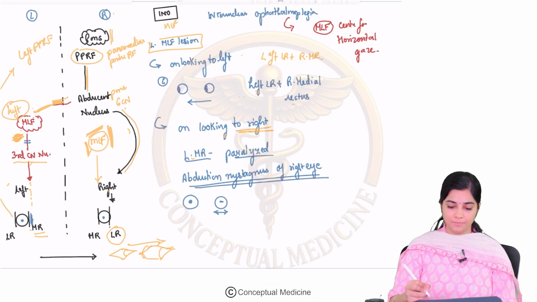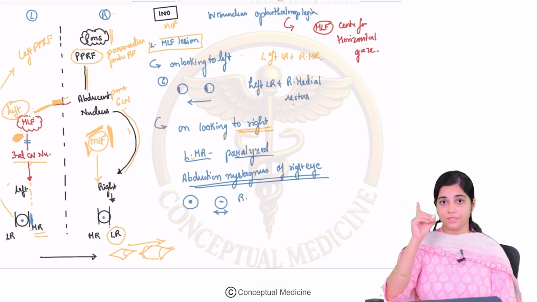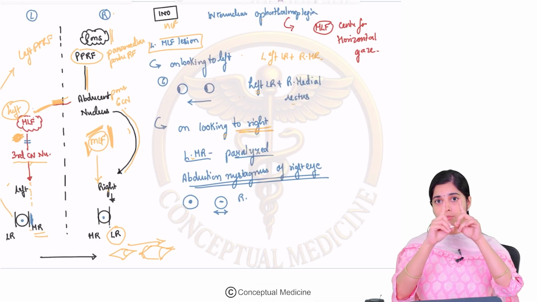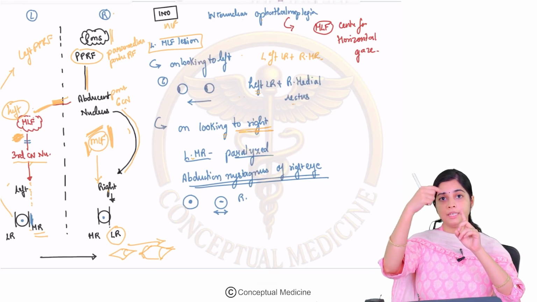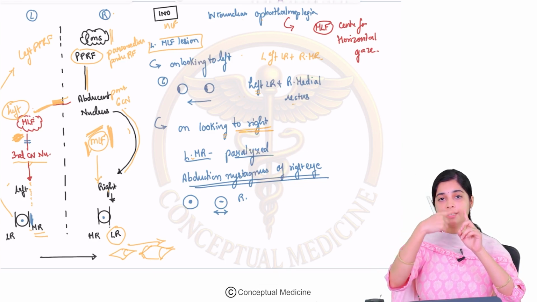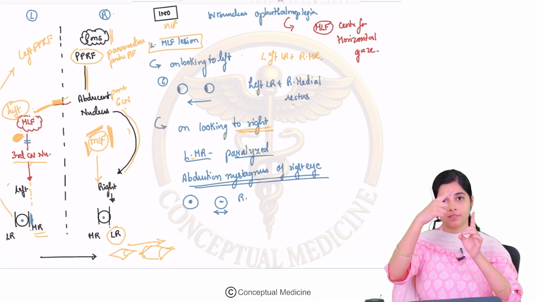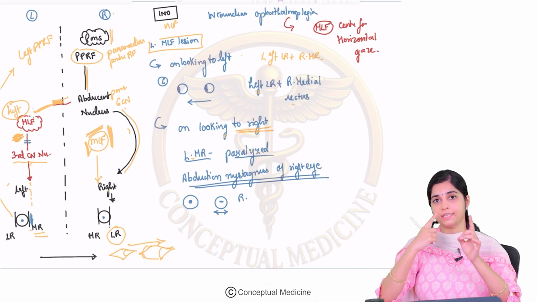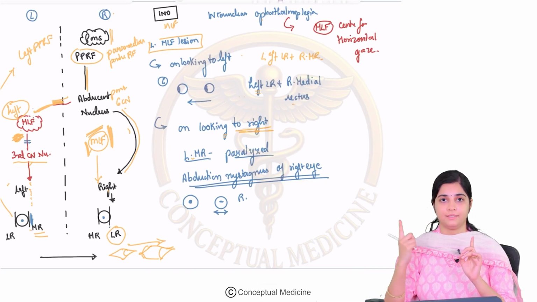So, you have an abduction nystagmus of the right eye on looking to the right, because this one is not at all moving. The impulse which comes here will increase to move this, but it is completely paralyzed. So, the same impulse goes to the opposite side as well, and it increases the movement on the right side, and there will be an abduction nystagmus.